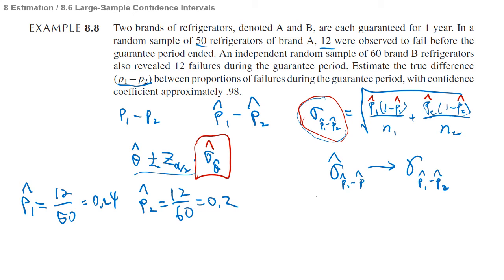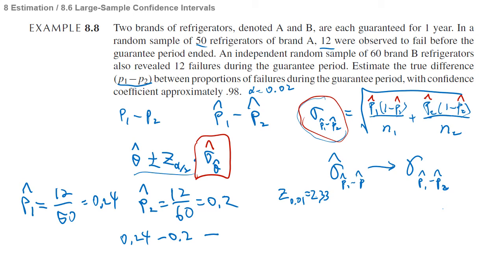What would be the lower bound? The lower bound is 0.24 minus 0.2 minus z alpha over 2. Alpha is 0.02, so z 0.01 is 2.33.